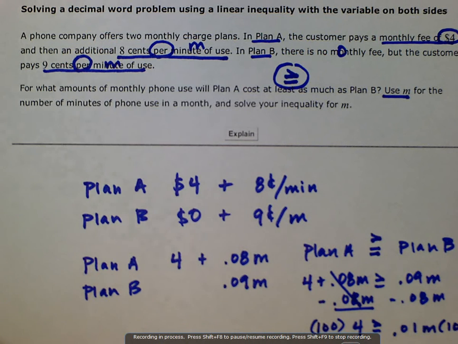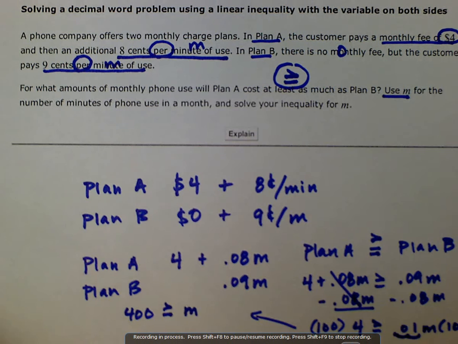It looks like I'm running off the page, so I'm going to come over here with it. That would give me 400 is greater than or equal to 100 times 0.01 M, move the decimal 2 places, is equal to M. And we are done.